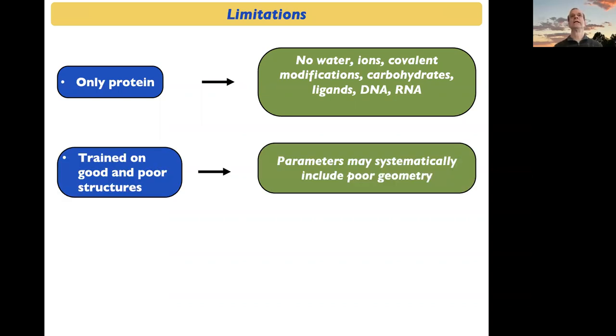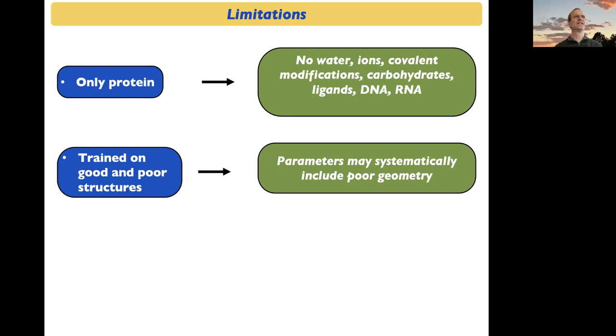Another one, it's trained on good and poor structures. So today, AlphaFold was trained on 99% of the proteins in the PDB, only excluding very, very poor structures, like greater than 9 angstrom. So that means that a structure that's not so good that's in the PDB is considered in the training.